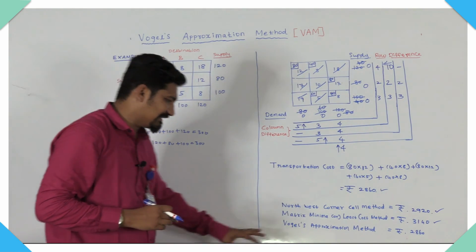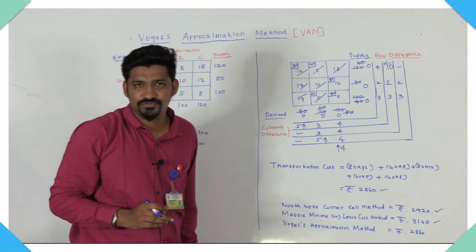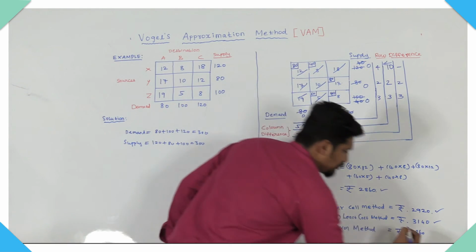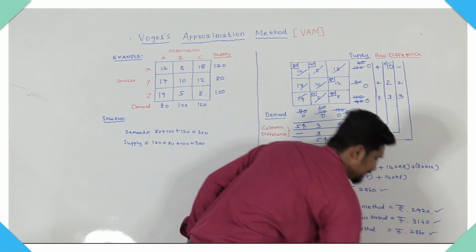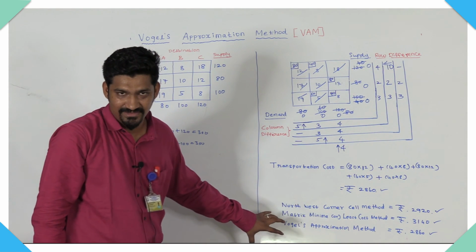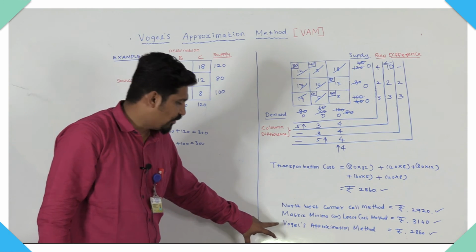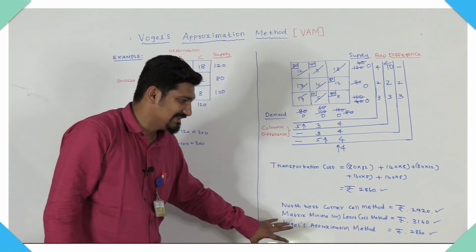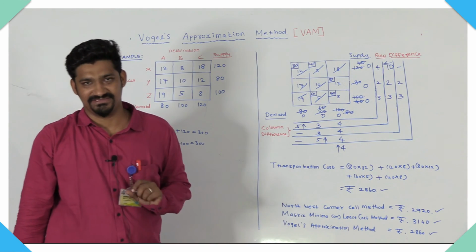But in Vogel's approximation method, the total transportation cost is 2,860 rupees. Among these transportation costs, the Vogel's approximation method is 2,860 rupees.